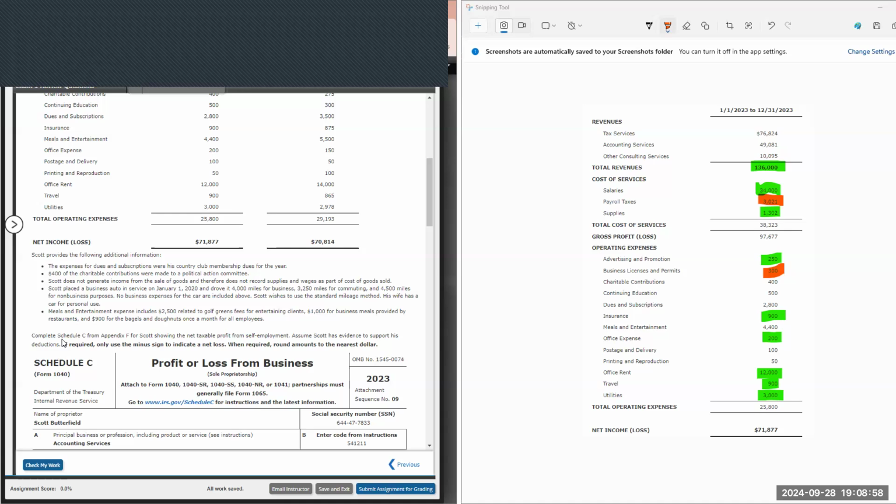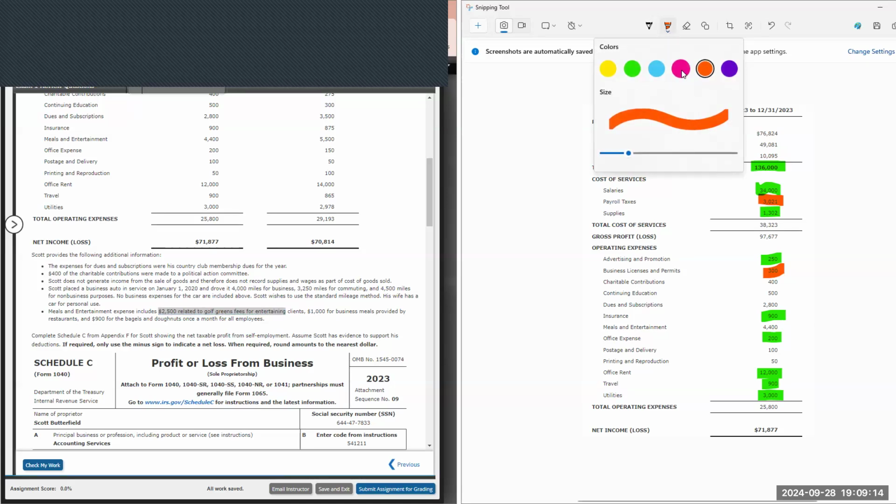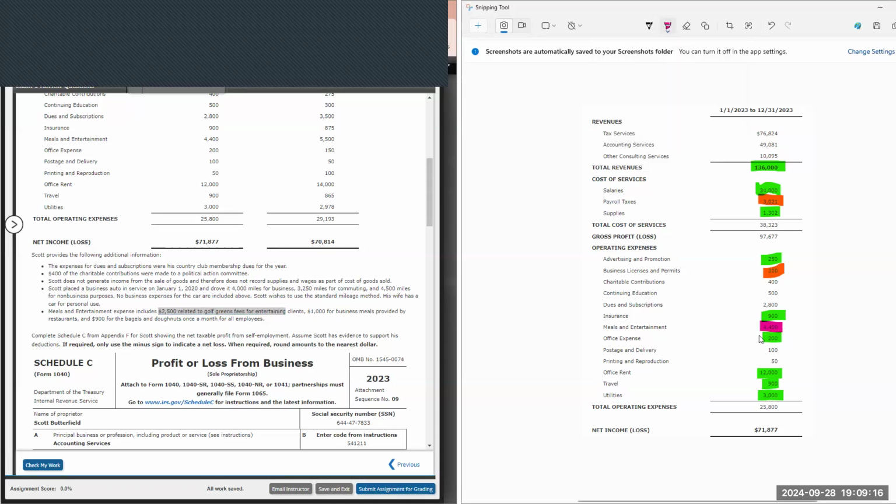So of this fact pattern, there are certain things that are not considered deductible. We need to determine what is the deductible amount. With the changes in the Tax Cuts and Jobs Act, anything for entertaining, amusement, recreation is not considered deductible. So therefore, of this $4,400, only $1,000 for business meals provided by restaurants and $900 for the bagels and donuts are considered deductible.